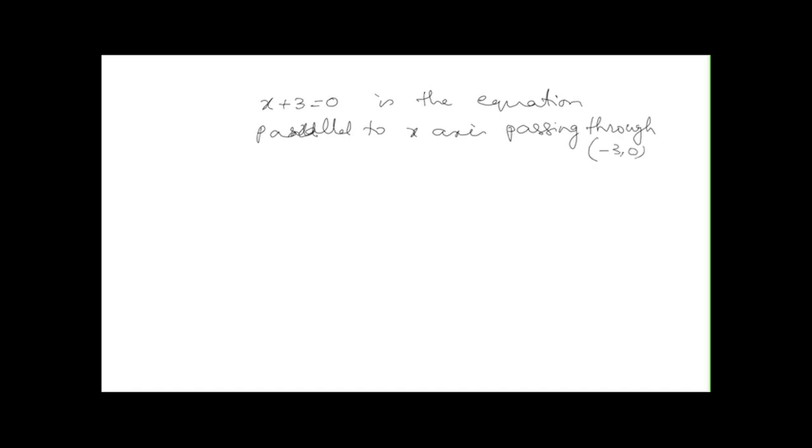Anjali: Yes, ma'am. x plus 3 equal to 0 is the equation of: parallel to x-axis passing through -3, 0; parallel to y-axis passing through -3, 0; parallel to y-axis passing through 0, -3; none of this.